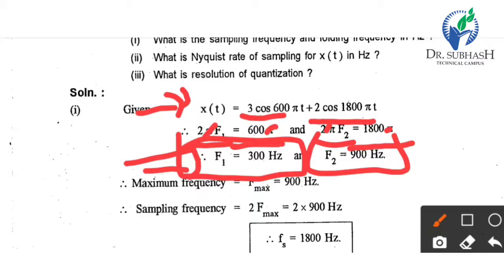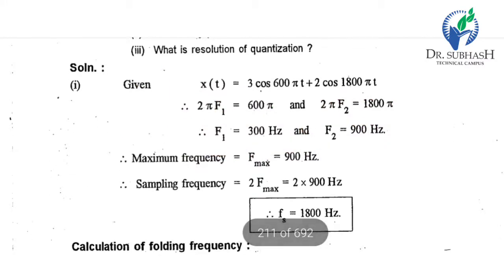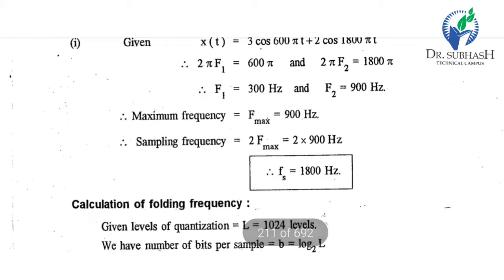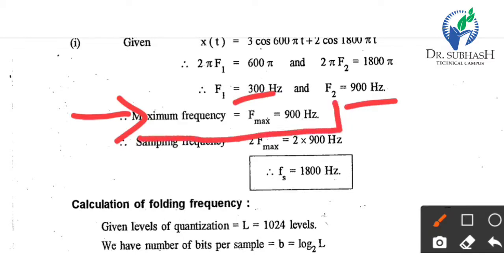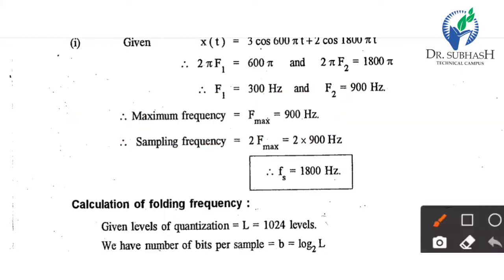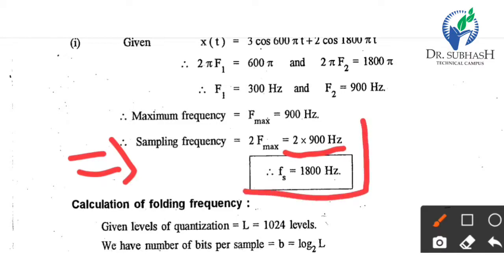So maximum frequency f max, from 300 and 900 we directly consider the maximum, f max equal to 900 hertz. Now sampling frequency is 2 multiplied by the maximum frequency, that is 2 multiplied by 900 Hz, so fs, the sampling frequency, equal to 1800 Hz.